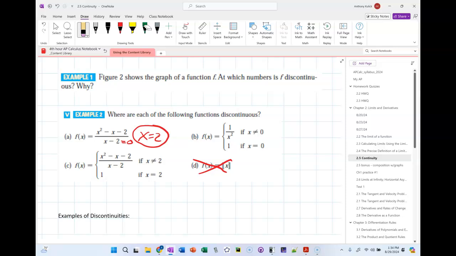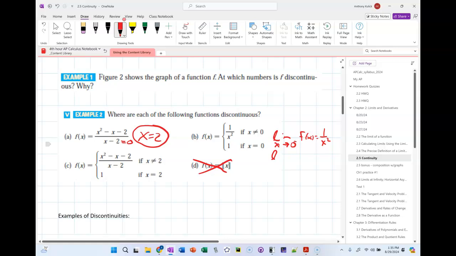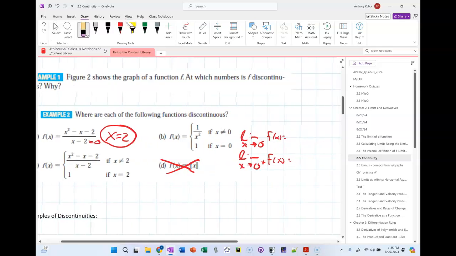So I know that the limit as x approaches 0 from the left of f of x is equal to 1 over x squared. And the limit as x approaches 0 from the right of f of x is equal to the limit as x approaches 0 of 1 over x squared.